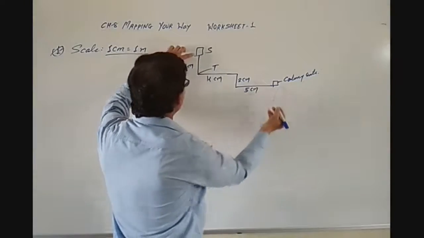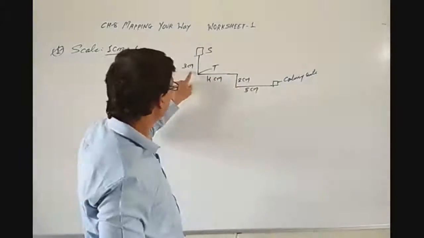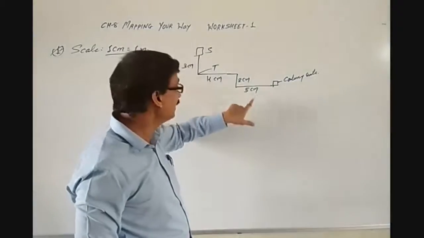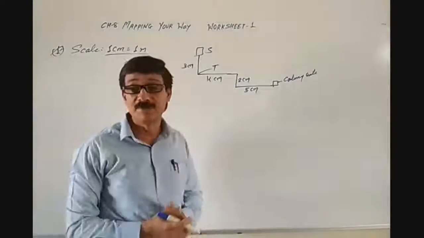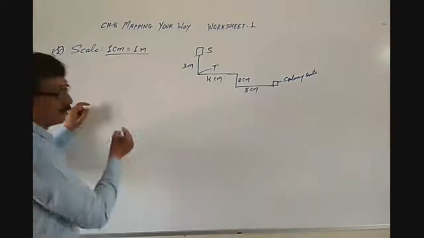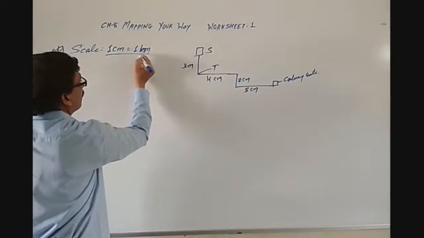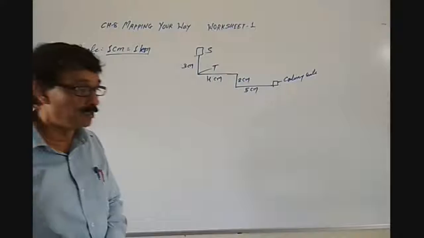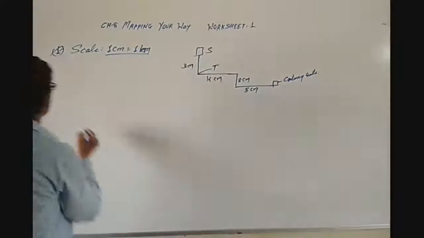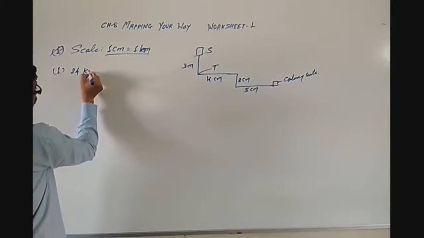So how far is it? We have to go on this road, isn't it? So 3 centimeter plus 14 centimeter plus 2, 17 plus 2, 19 plus 5, 24 centimeter. Now 1 centimeter is equal to 1 kilometer, isn't it? So the answer should be 24 kilometers.